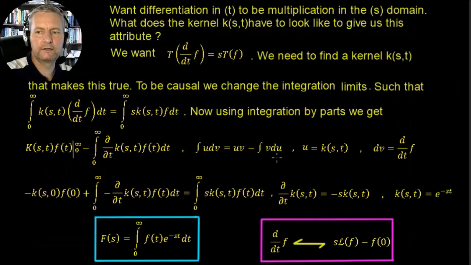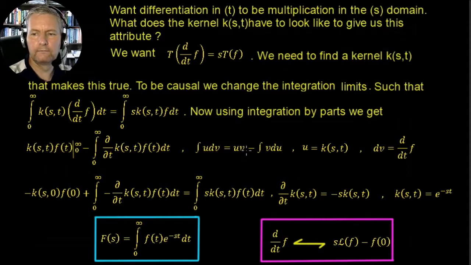So in this instance we'll make our u equal our k of st, and we'll make our dv equal d by dt of our function f. So now we can see that our value of u times v, well, u is just the k of st, so that's the k of st here, times the value of v.